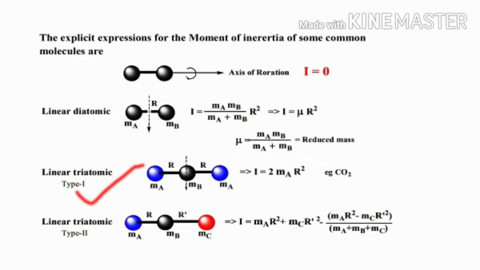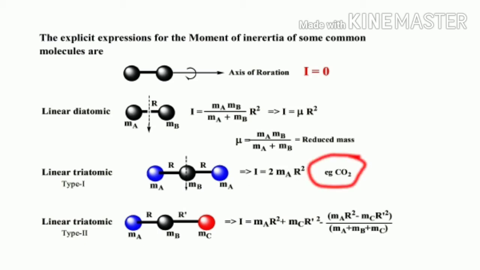Now, in case of a linear triatomic molecule of type 1 as shown in this figure, where the rotational axis is passing through the atom B and the two other atoms are the same element A, then the moment of inertia is given by I is equal to 2 times m_a into r square, where r is the distance of atom A from the rotational axis.